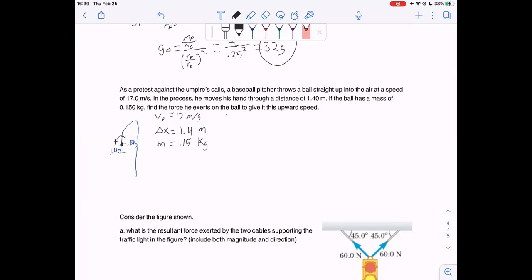Yes. So force is equal to mass times acceleration, meaning we're looking for force and we're looking for acceleration. How do we find acceleration?